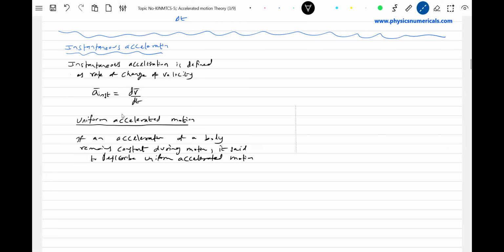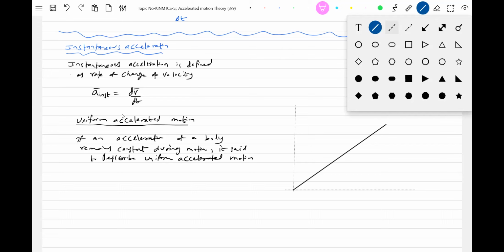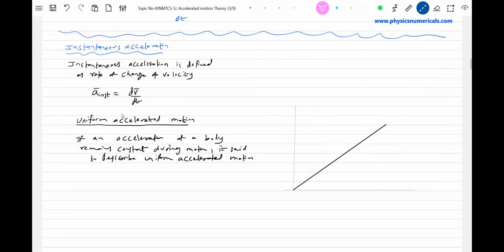So I will take help of graphs. If a body describes equal displacement in equal intervals of time, it is said to describe uniform motion.